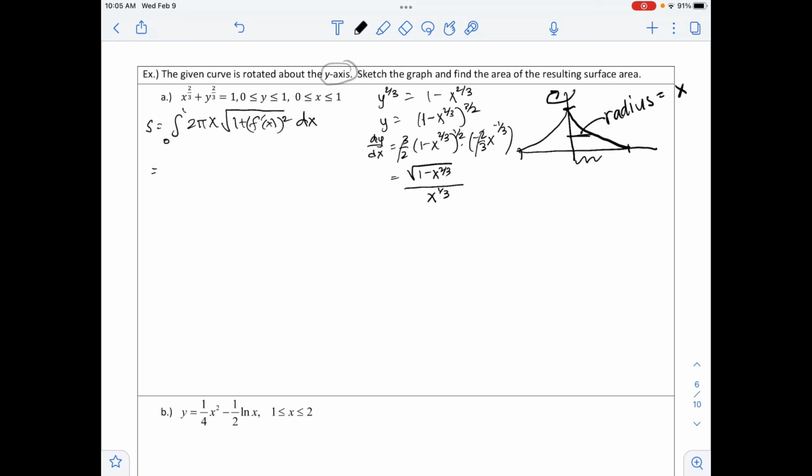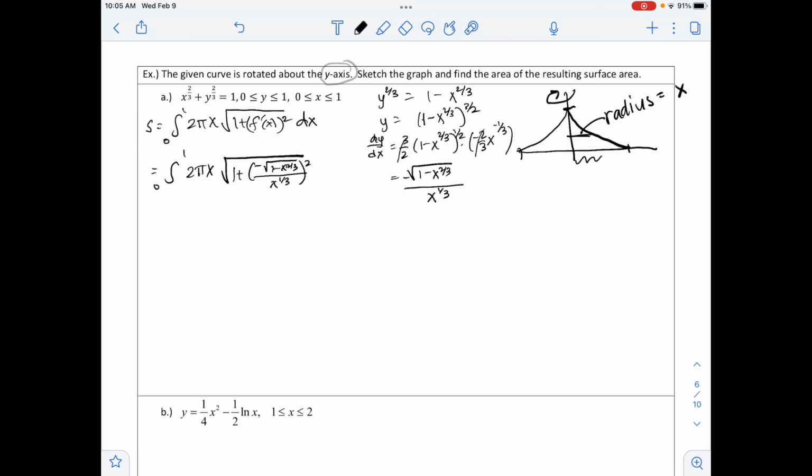And so our surface area formula is going to be the integral from 0 to 1 of 2 pi x times the square root of 1 plus, and then our derivative, which is equal to negative the square root of 1 minus x to the 2/3 all over x to the 1/3, squared.